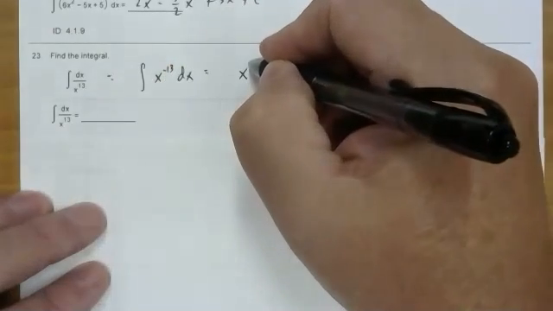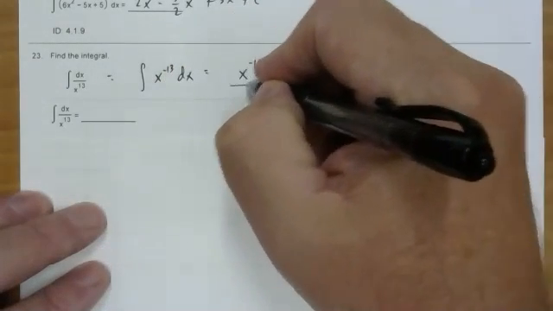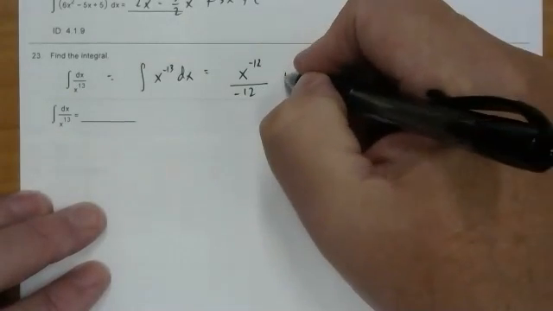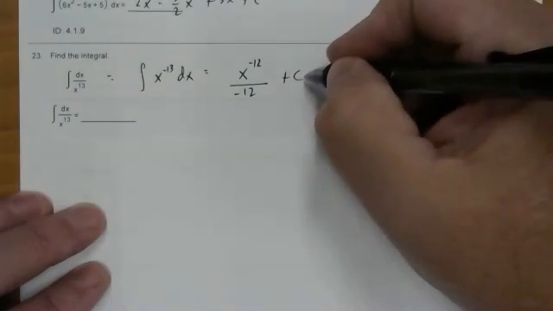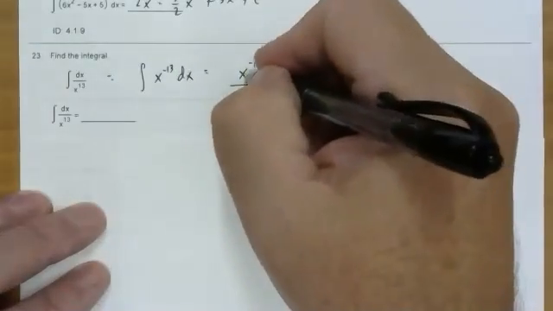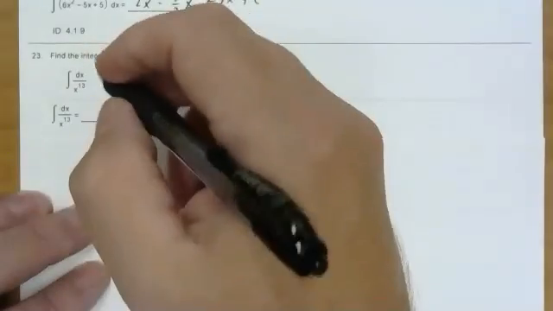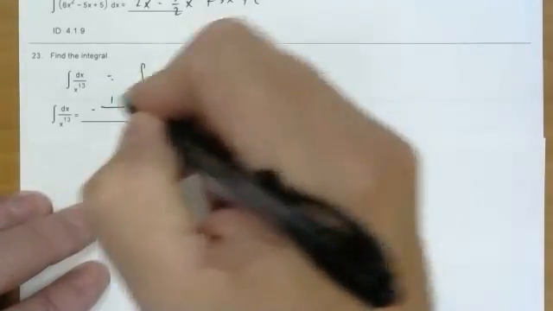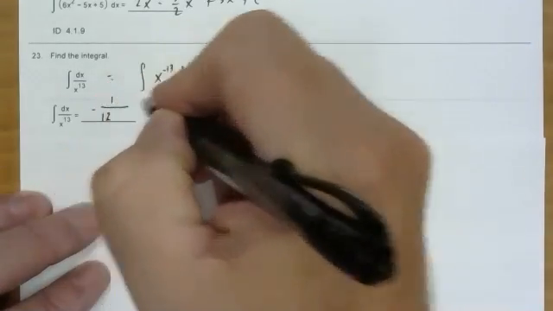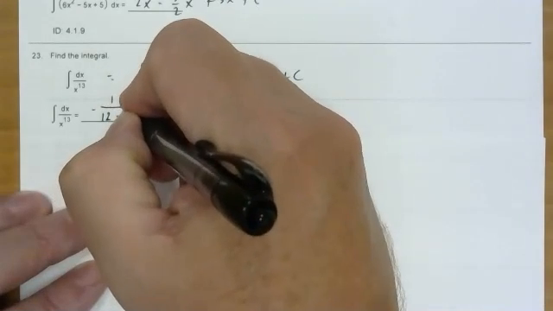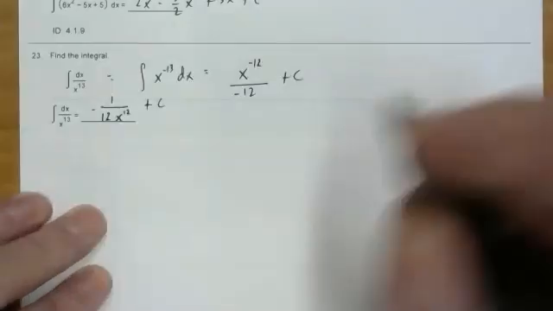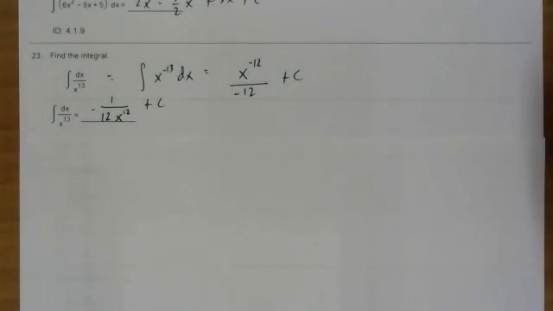You add 1, and then you write the new denominator, put it at the bottom. Of course, you can't forget your constant. So if I convert this back to a positive exponent, negative 1 over 12 times x to the 12th plus c.